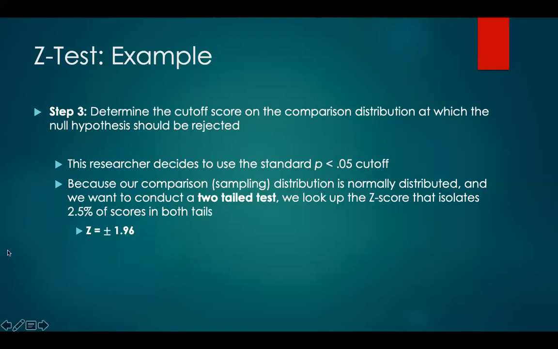Because our comparison sampling distribution is normally distributed, and we want to conduct a two-tailed test, we look up the z-score that isolates 2.5% of scores in both tails, which is, as we learned last time, positive or negative 1.96. It's a two-tailed test because we're not making any directional hypotheses about the difference in scores on this measure between homeschooled and public school children. We're only stating that there is going to be some difference. So that is a two-tailed test.